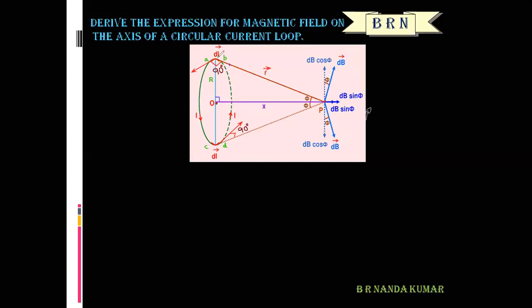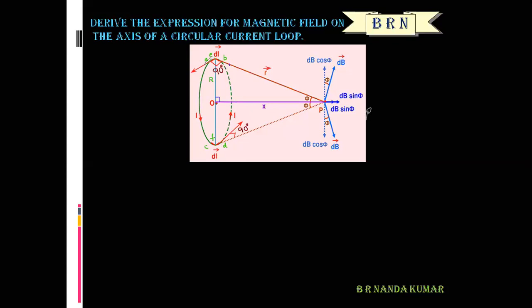AB and CD are two diametrically opposite current elements, each of length dl. E is the midpoint of current element AB, and F is the midpoint of current element CD. This is the dl vector.